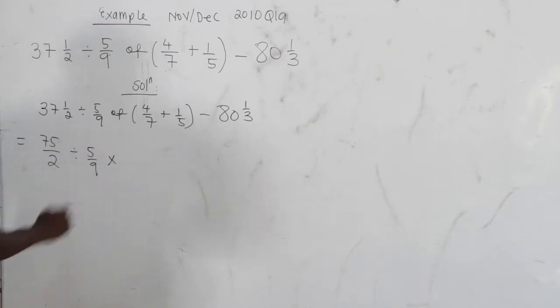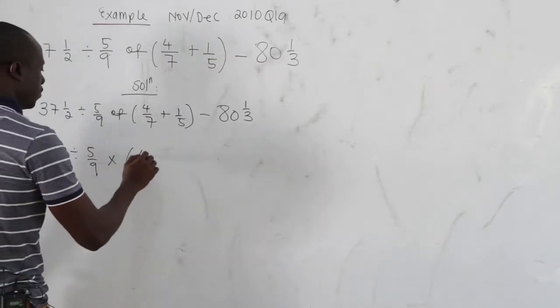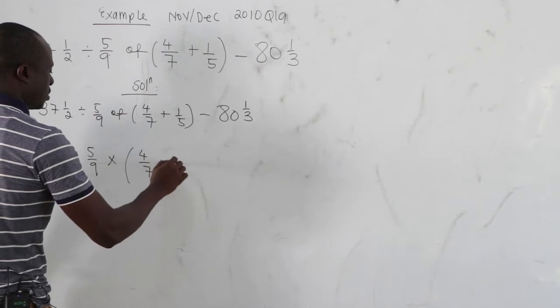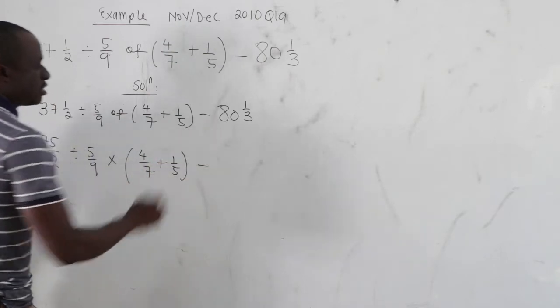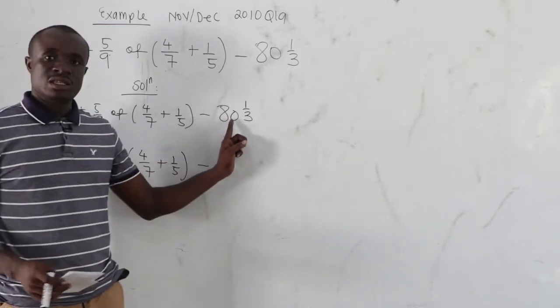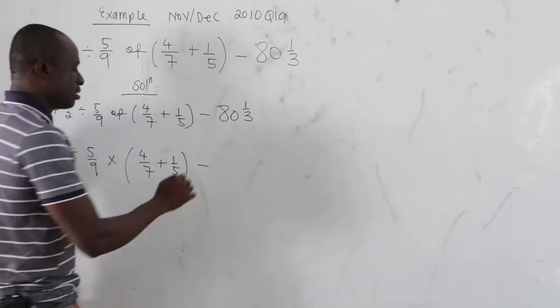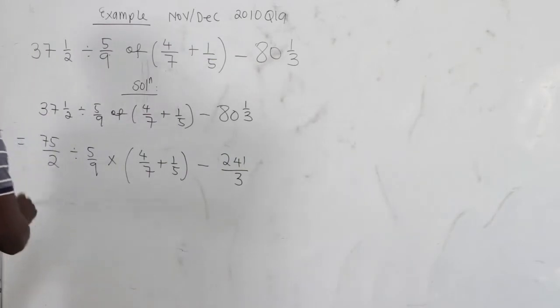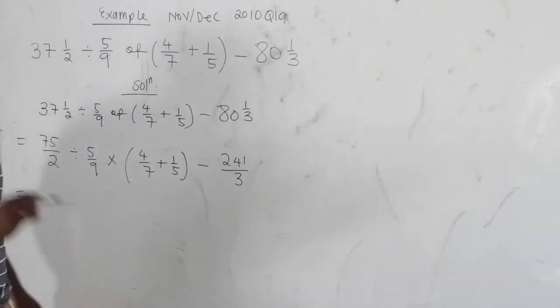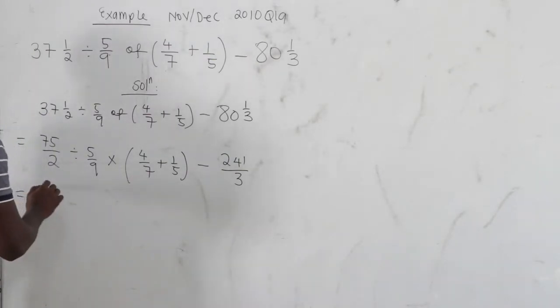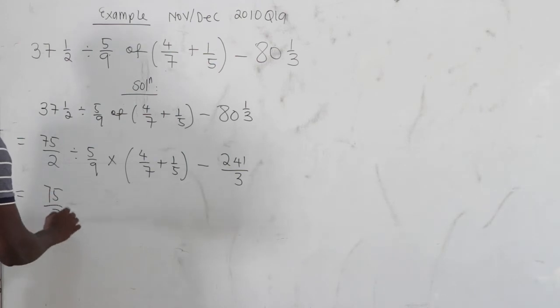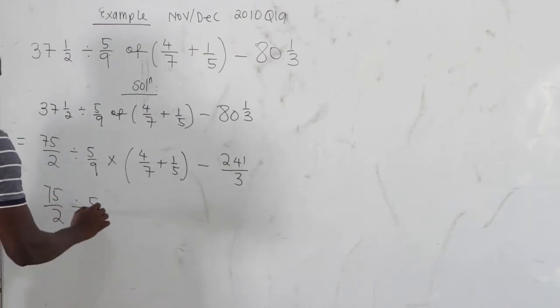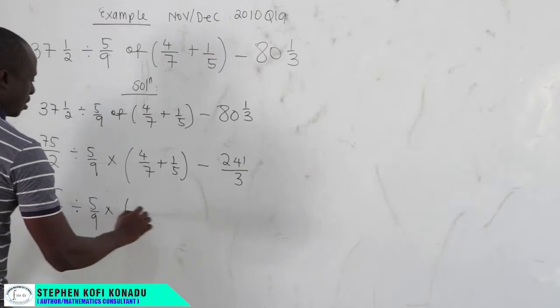Now, of is the same as what? Multiplication. So you have 4 over 7 plus 1 over 5. Now let's change this. 3 times 80, that is 240 plus 1, so 241 all over 3. Now, BODMAS, bracket first. We'll do it with the bracket here. 75 over 2 divided by 5 over 9 times. Now, what is the LCM?